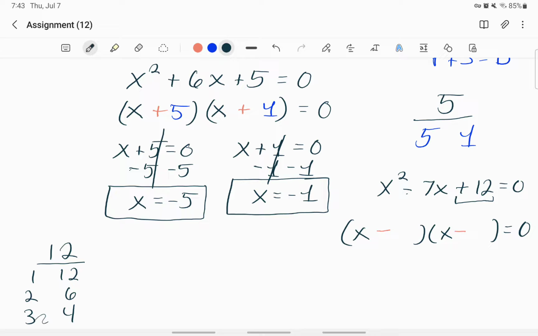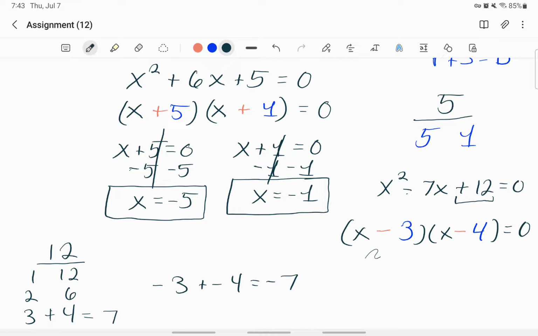I know that 3 plus 4 is positive 7, which means if I add negative 3 with negative 4, that should equal negative 7. So my values will be x minus 3 times x minus 4. And it doesn't matter how you place the numbers.